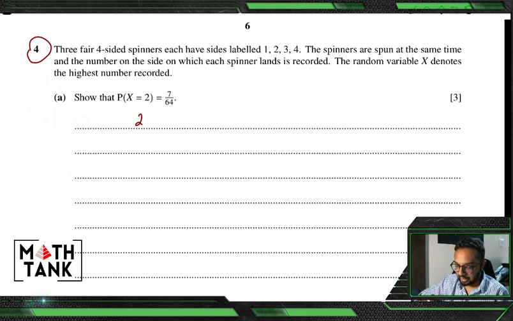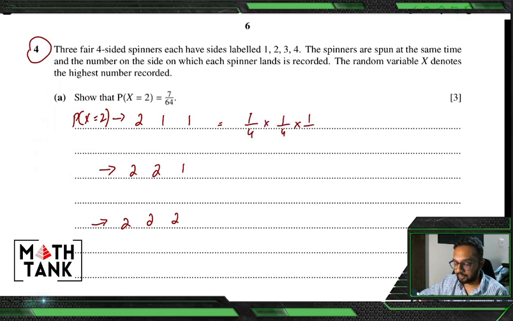So one set of outcomes could be 2, 1, 1. The other set of outcomes could be 2, 2, 1. And the third set of outcomes could be 2, 2, 2. So these are the outcomes that would give you the highest score as 2. So what's the probability of getting the first? 1/4, then 1/4, then 1/4. They could come up in any order, so 3 factorial over 2 factorial.